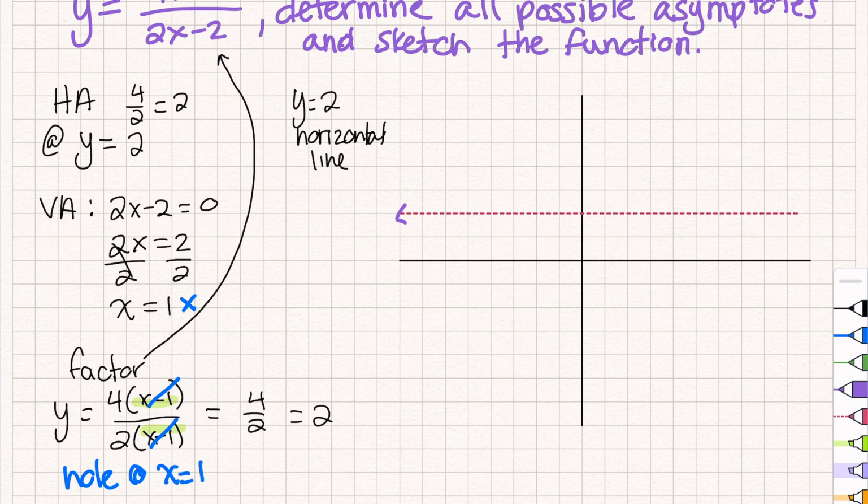So when we're drawing our function, if there's a hole at x equals 1, that means that here, the function doesn't exist. There's a break. It's not continuous. So we would draw a horizontal line with a hole.